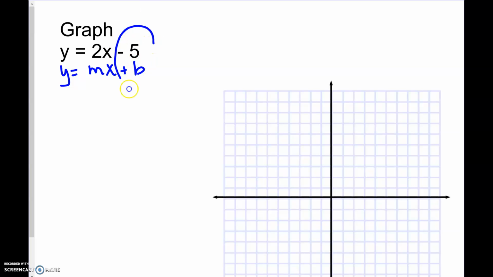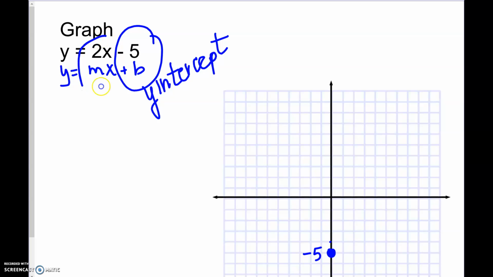So what they are saying here is that our y-intercept is at -5. So 1, 2, 3, 4, 5, and put a dot. Then we are going to use our slope to find the ratio of rise over run. So this is 2, and remember we can put a 1 underneath it.